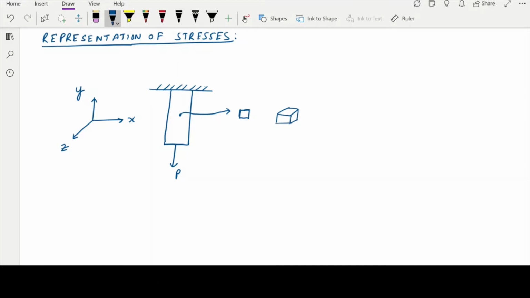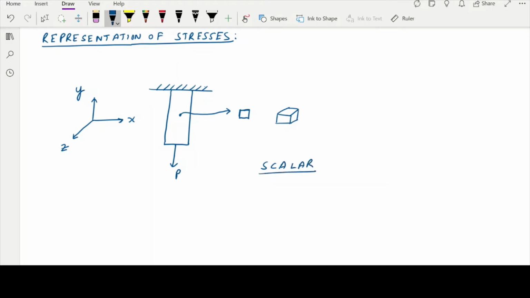We know that stress is denoted by sigma. Now, in order to explain further, I will establish what a tensor is. Okay, so I believe you all know what a scalar is.